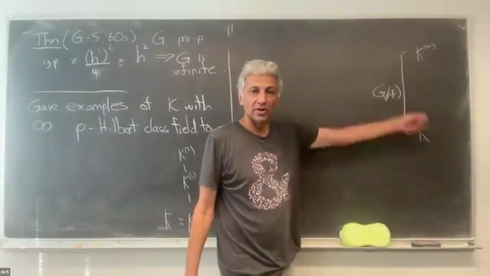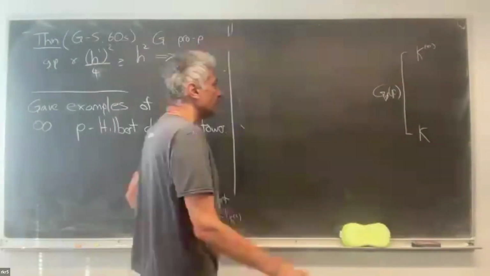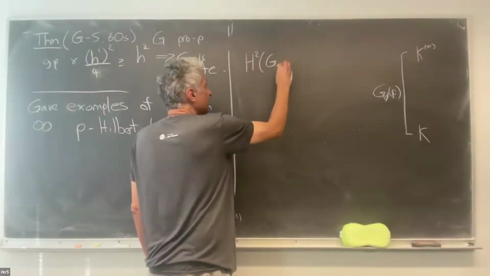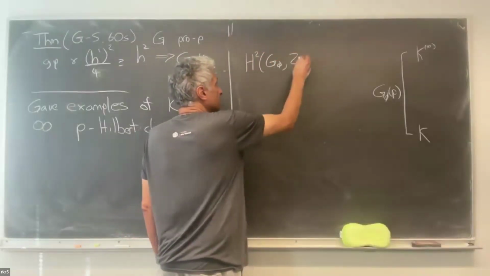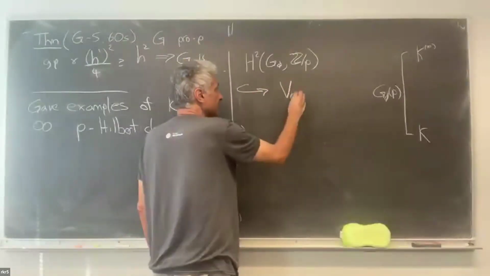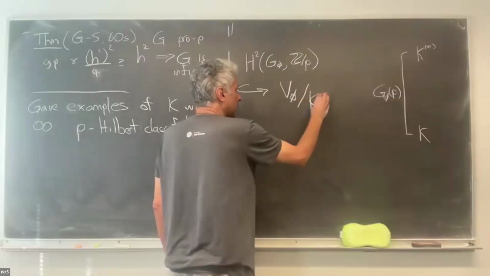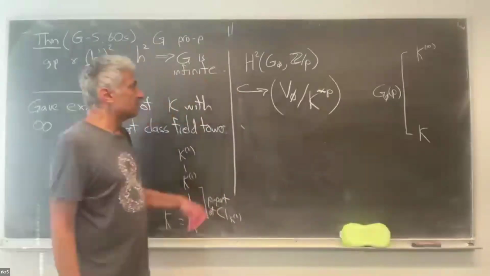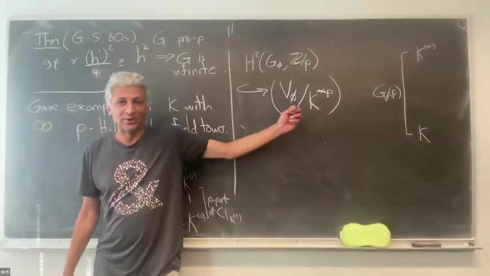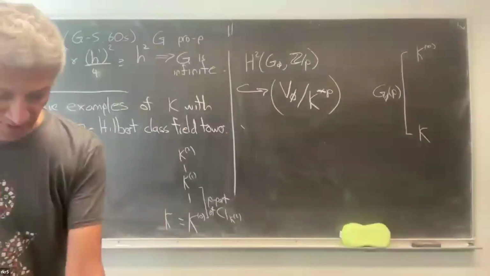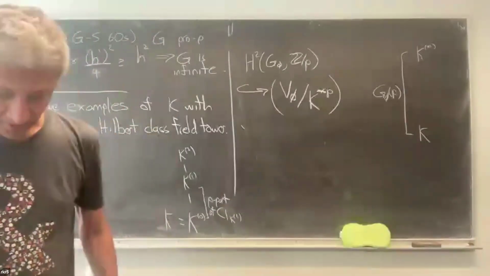The empty set means it's unramified everywhere. Then H2 of G empty set acting on Z mod P actually embeds. This is not hard, but I'm just going to skip the proof of it. It embeds into this object I constructed earlier. It's not an isomorphism necessarily, but it embeds into it.